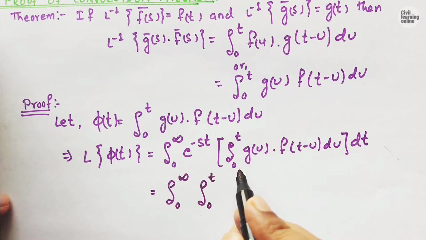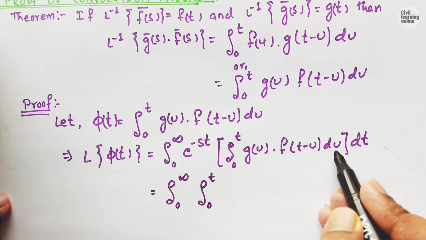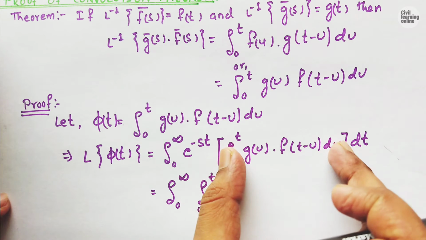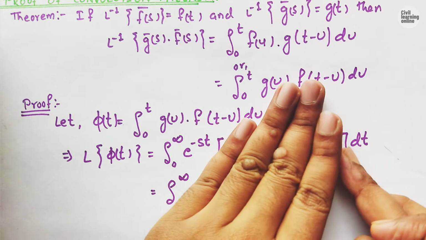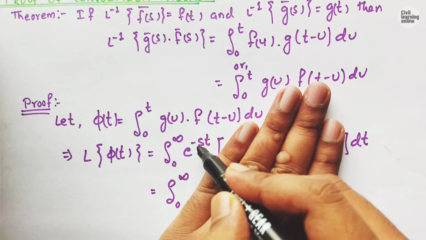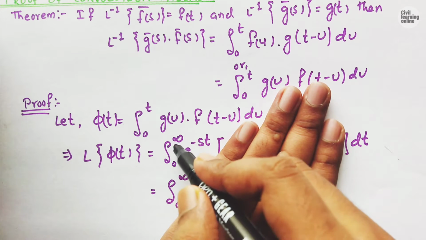You can see we have du, and this integration is in the form of u, so we have u equals 0. Then we have integration 0 to infinity e to the power minus st times dt, which indicates t equals 0 to infinity.